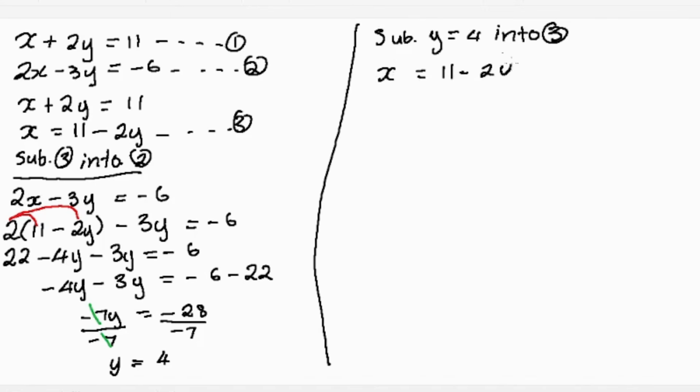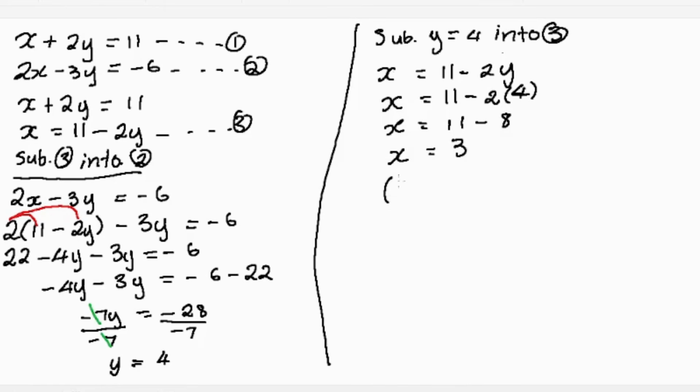So equation number 3 is simply going to give you the answer straight away. So this simply means that where you see y, you are going to substitute it with 4. So we are having 11 minus 2 multiplied by 4. So x equals 11 minus 8, it's going to be 3.